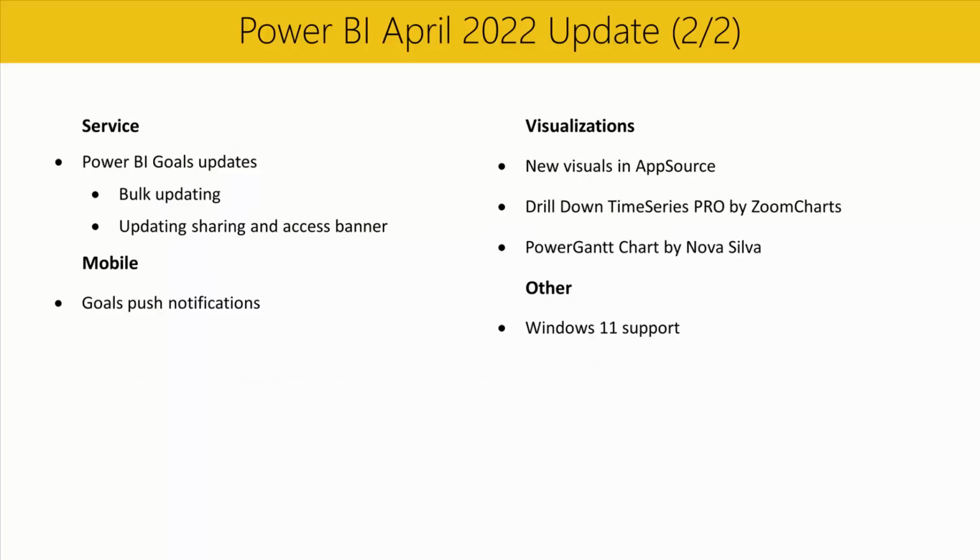Next, we have some updates to Power BI goals for you in the service section. First, we're introducing bulk updating capabilities and a helpful access and sharing banner. With bulk updating, you will be able to select multiple goals to make changes to due dates and owners, as well as delete multiple goals at once.